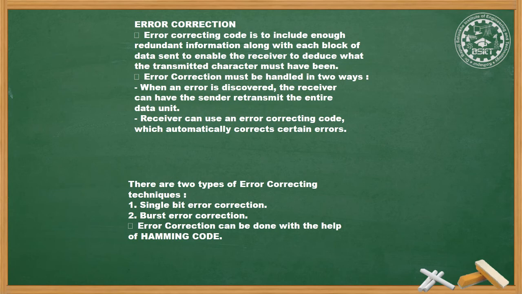There are two types of error correcting techniques: single bit error correction and burst error correction. The error correction can be done with the help of Hamming code.